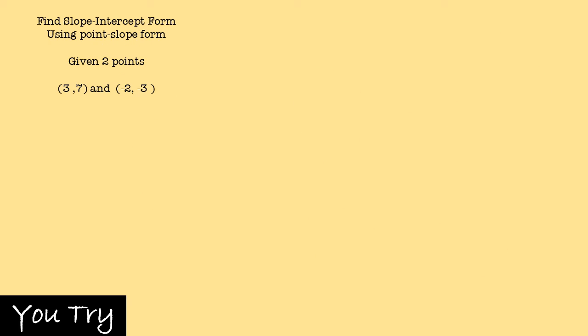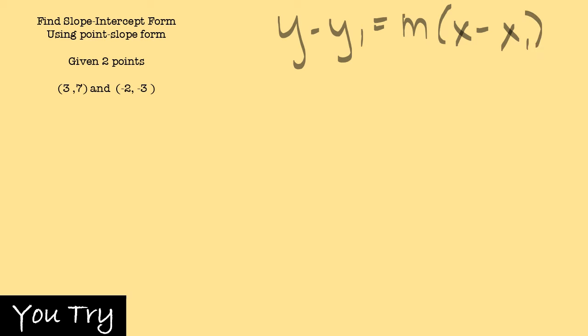So now it's your turn to try. And you already have the slope from a previous problem, so you just really need to plug it into the formula. There you go.